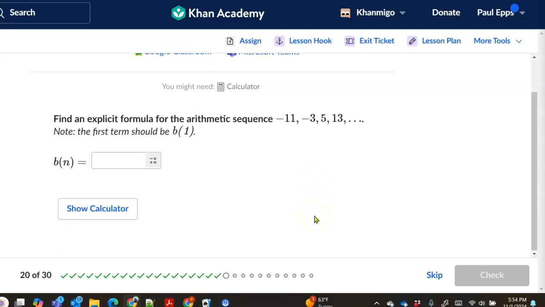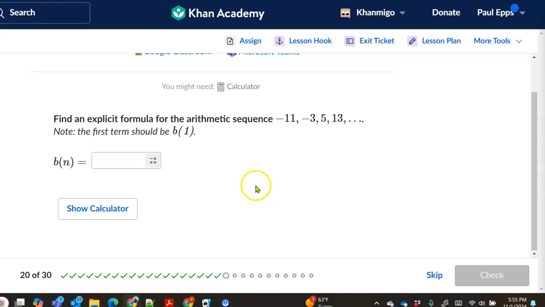Find an explicit formula for the arithmetic sequence, -11, -3, 5.